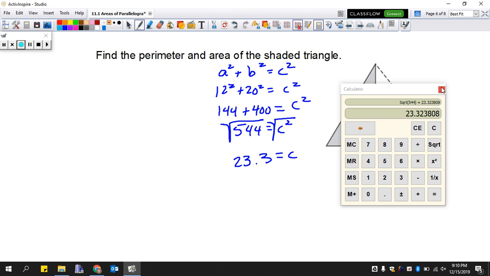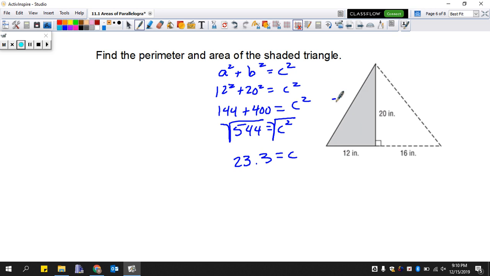All right. So this is 23.3. So we can just find the perimeter. We're going to say 12 plus 20 plus 23.3 is equal to the perimeter, right?